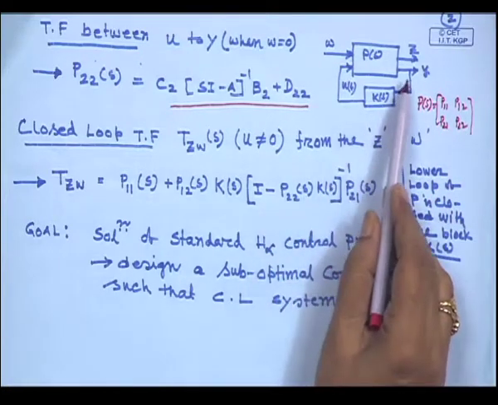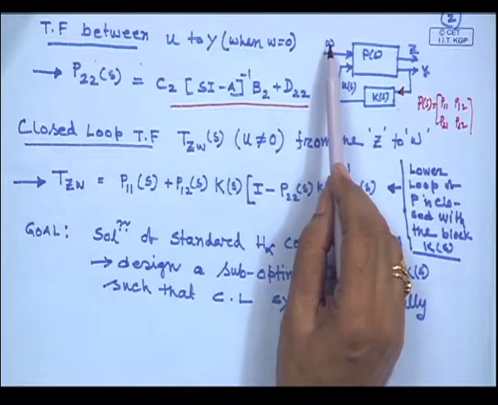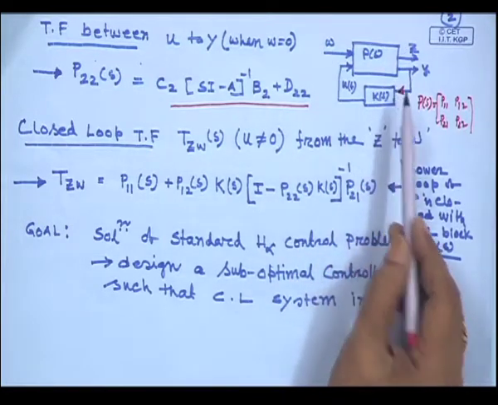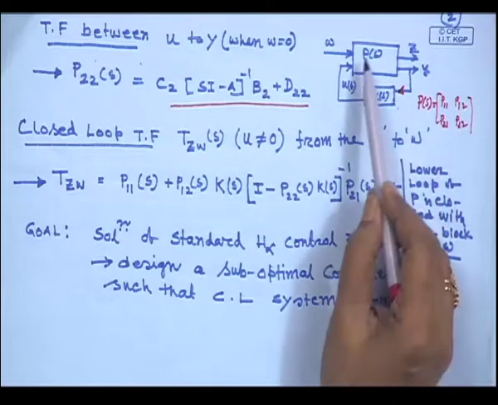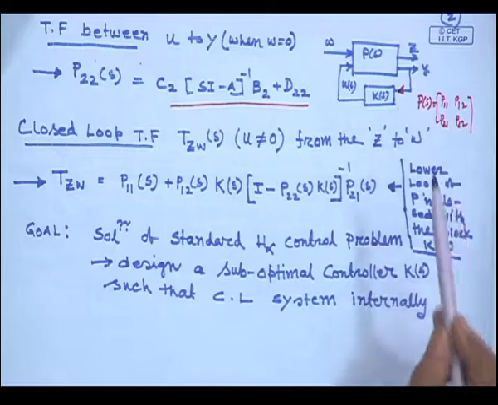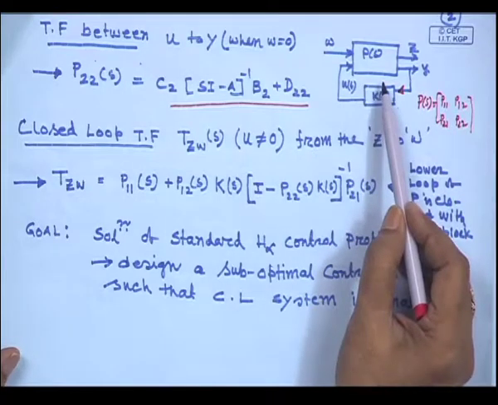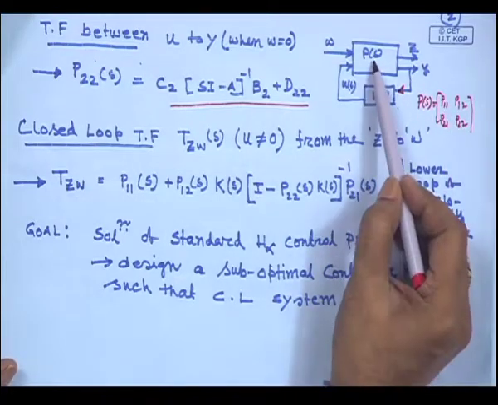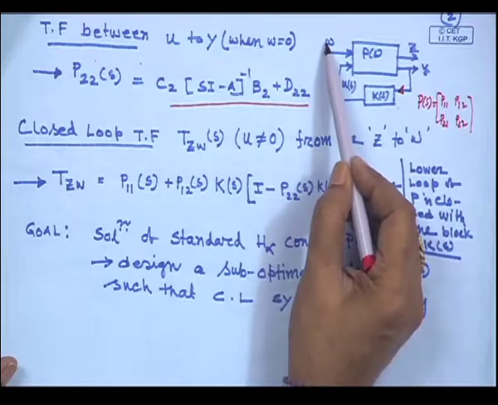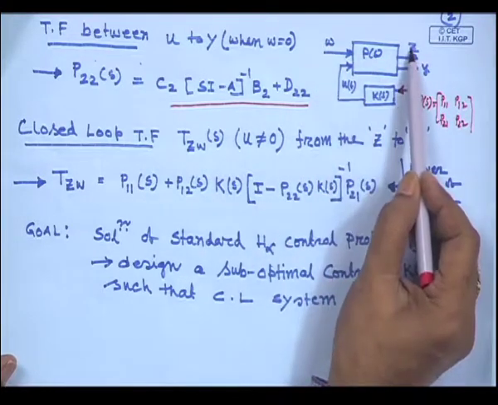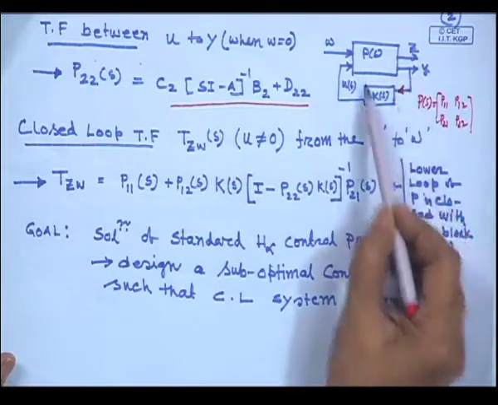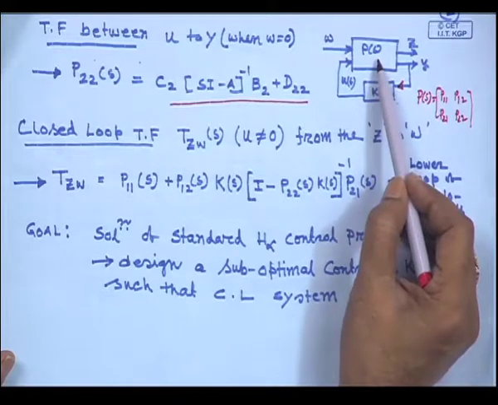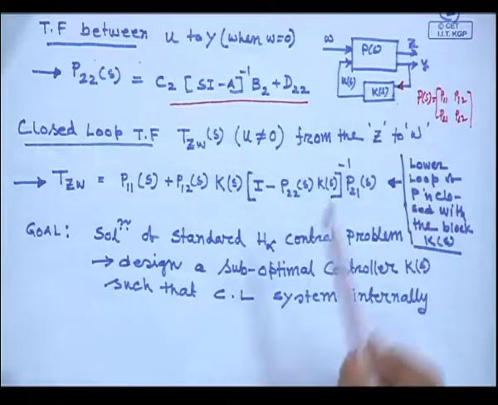If you want to find the transfer function between W to Z, the lower loop of P is closed with the block K(s).